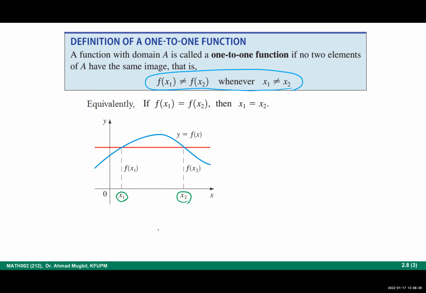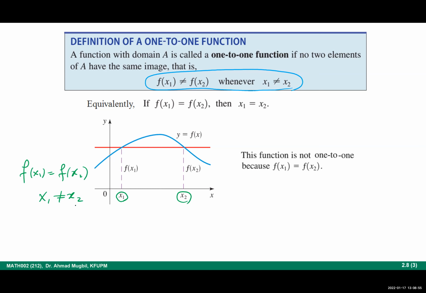They are the same. So here we have f at x1 equals f at x2, but x1 does not equal x2. So two different inputs with the same output. In that case, we say that such a function is not one-to-one. This function is not one-to-one.